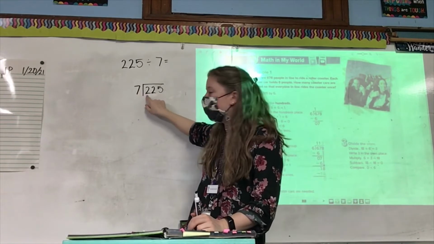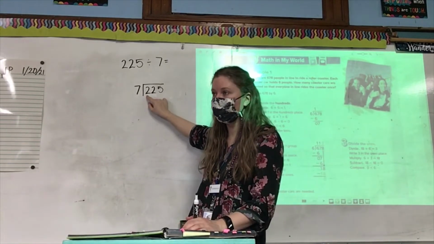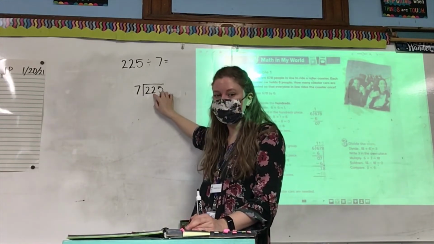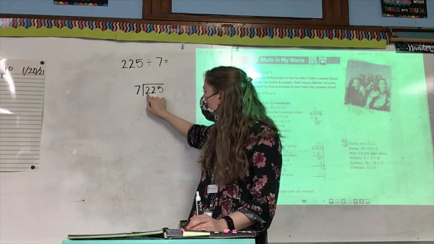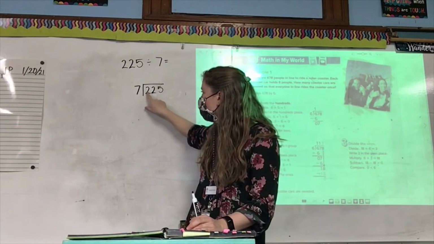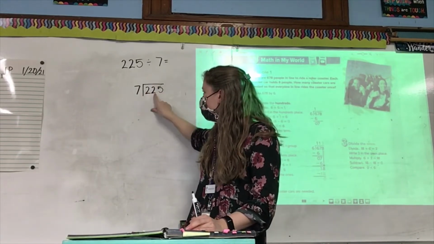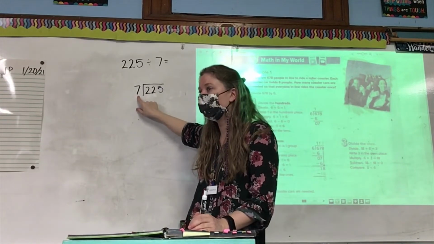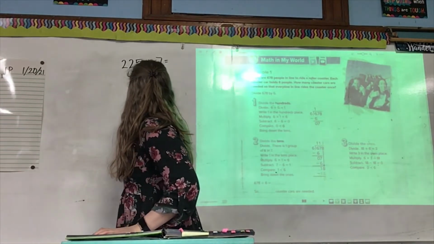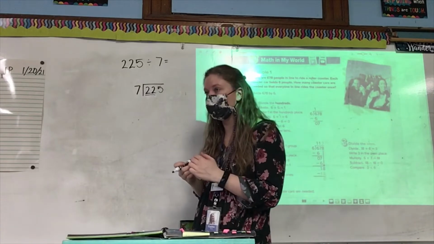7, our divisor, will not fit into the first digit of our dividend, 2. So we look at the next digit. Victoria, do we ignore the first digit? No. Instead of seeing how many times 7 will go into 2, we're seeing how many times 7 will go into 22. How many times will 7 go into 22, Victoria?